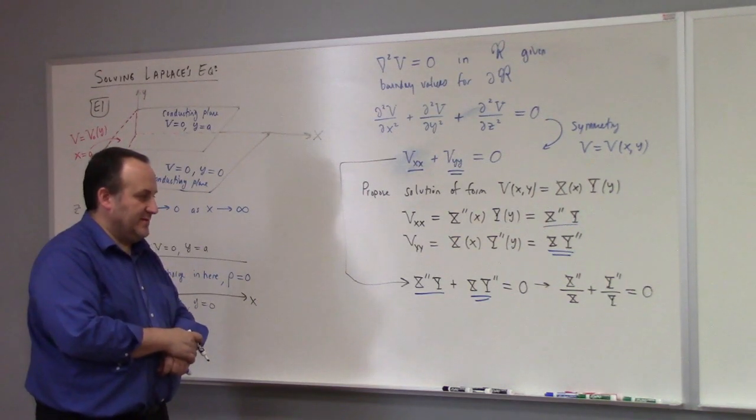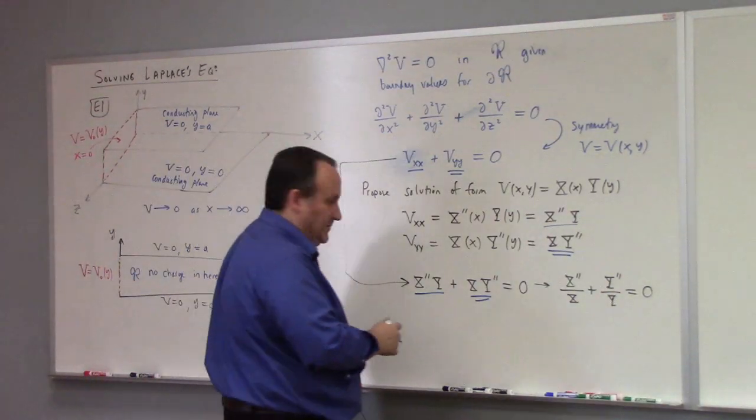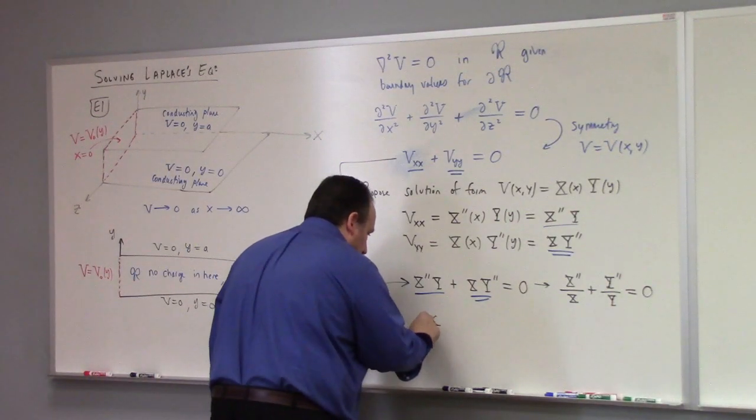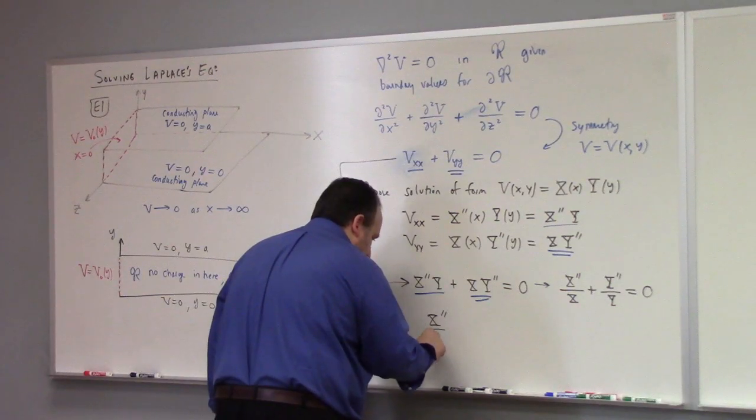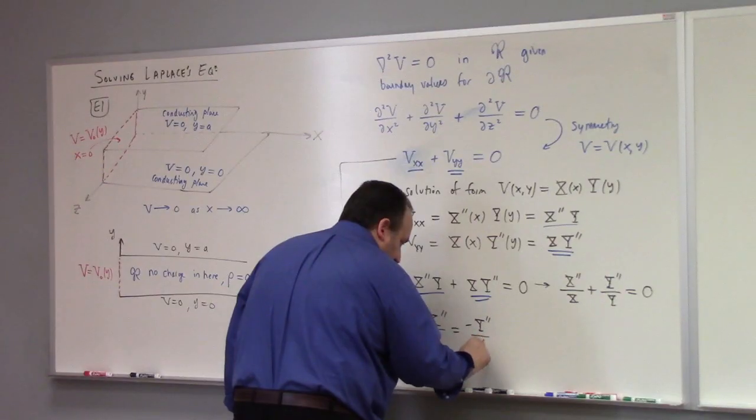Dividing by X and Y, cancel the Y, cancel the X. Now, of course, I can trade this for X prime prime over X is equal to minus Y prime prime over Y.